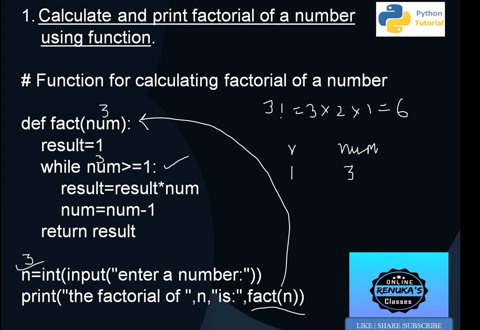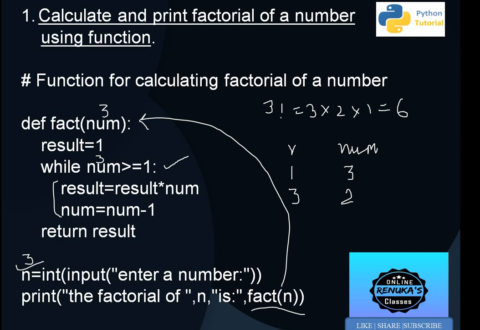After the first statement, result will be 3, and in the next statement num will be decremented by 1, it will become 2. Now again it will go up, it will not come here because as the indentation shows, these two statements are part of the while loop.